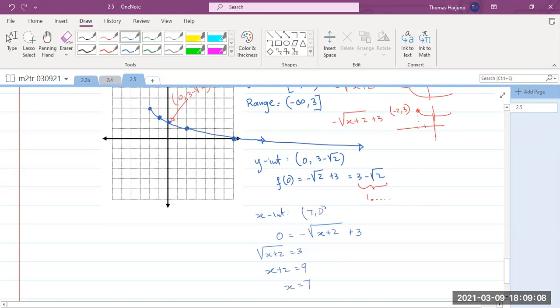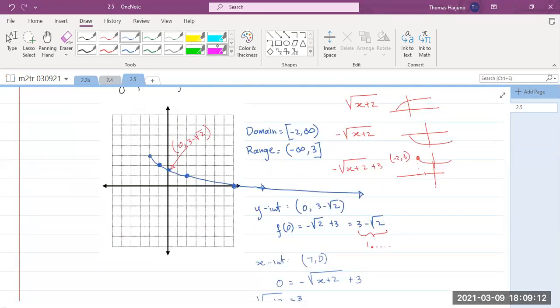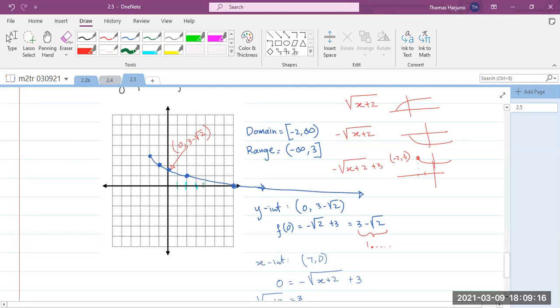X-intercept (7, 0). And you can see here, it happens to be one of our special important coordinates, right? 1, 2, 3, 4, 5, 6, 7. Okay, so the x-intercept is (7, 0), verified by our graph and done algebraically.